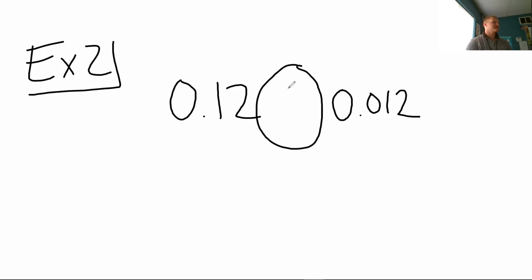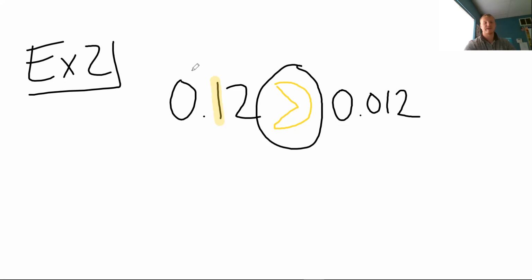Which one of these is Pac-Man gonna go eat? Caleb? 0.12, yep. And why did you pick that one, Caleb? Because it's bigger? How were you able to determine that it was bigger? 0.012 has a 0 in that. Right, yep.